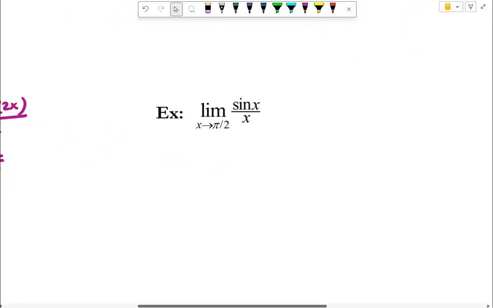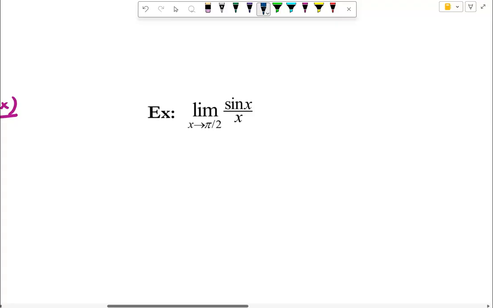Where this could get tricky is if you didn't do that on this last example, you might have made a mistake here. When I plug this in, the sine of pi over 2 is 1. That's not 0 at all. And our denominator is just pi over 2. So there is no hole here.